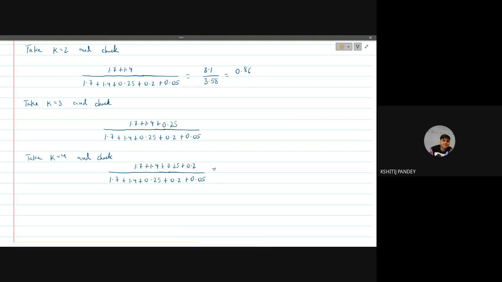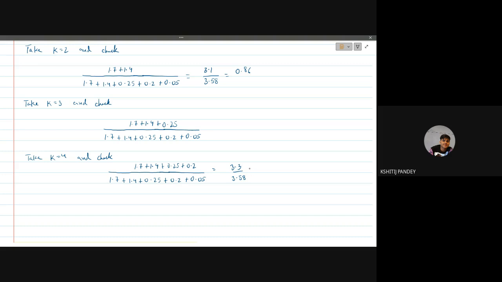This must be greater than or equal to 0.95, I believe. So this is equal to 3.3 divided by 3.58. Wait a second. Still, it is not greater than 95.